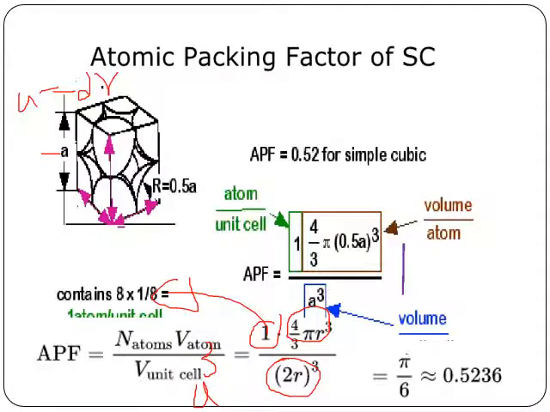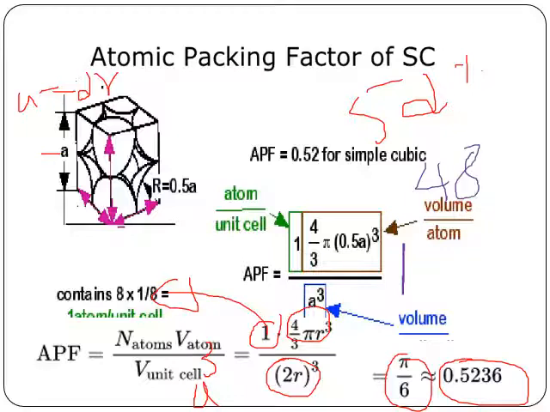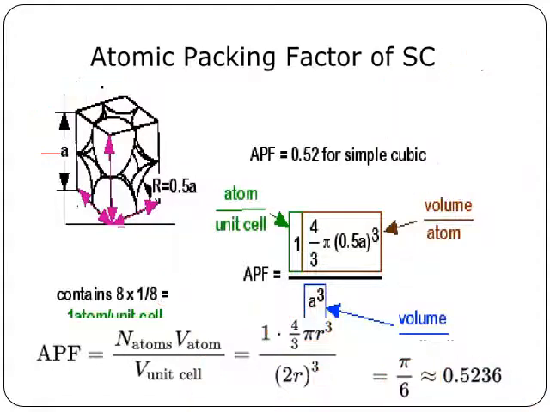So you're going to get pi by 6, that is nothing but 0.52. In percentage, it's 52 percent. The remaining 48 percent is void or free space, means you can still fill atoms smaller than that in the 48 percent. You are going to get this calculation or derivation for 6 to 8 marks in the exam. So that's about the simple cube.